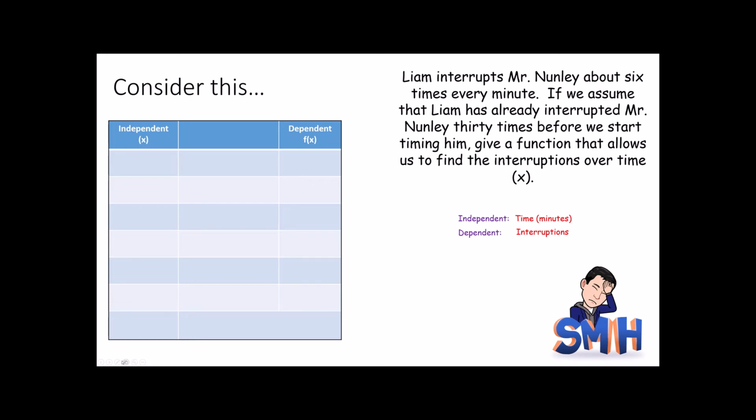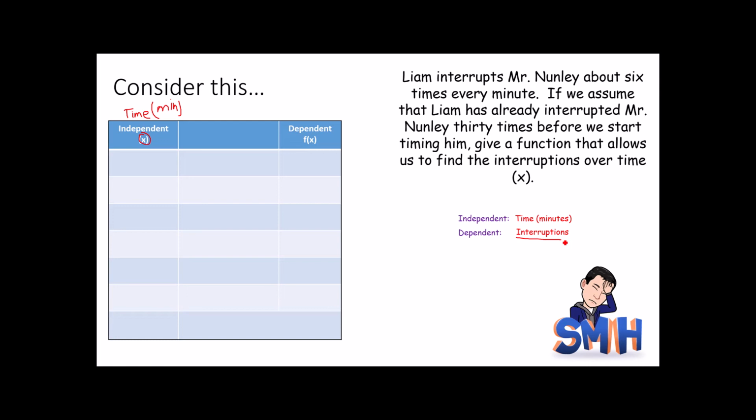So if I were to write out what my independent variable was, I would say my independent variable is time in minutes. And we're going to represent that with the variable x. The independent variable is always represented by x.